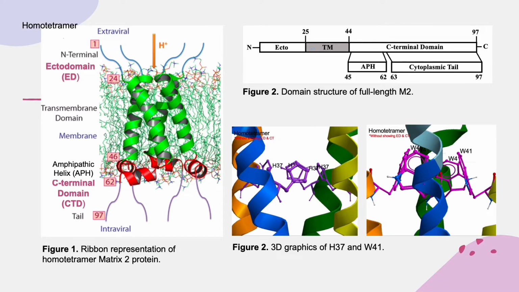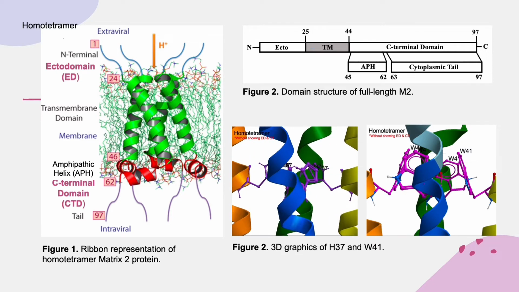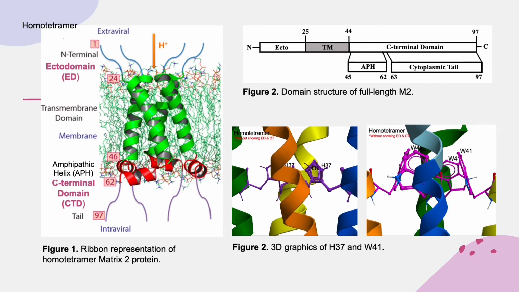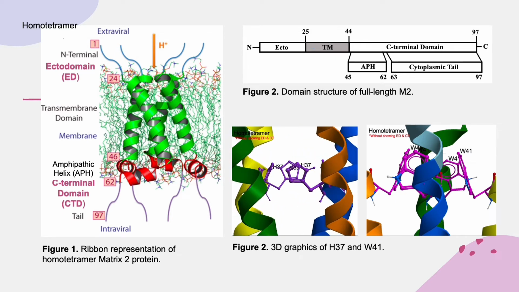In a closed conformation, 4 identical M2 units, known as transmembrane helices, are stabilized by 2 disulfide bonds to form a channel in which histidine 37 is the pH sensor, and the tryptophan gate, tryptophan 41, is at the end of the C-terminal domain. Histidine 37 senses and conducts protons via protonation and deprotonation of its imidazole side chain.